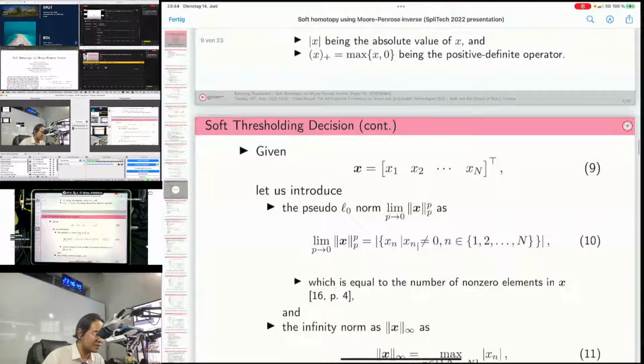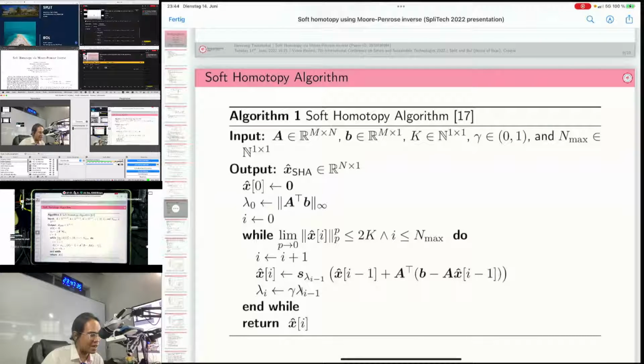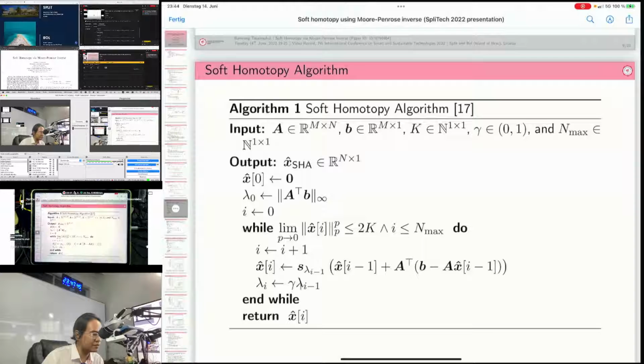The criterion makes a decision based on the threshold value lambda, and gamma is the scaling factor, the shrinking factor. We start from 0 as the initialization value, with the threshold value lambda 0 computed from the infinity norm.